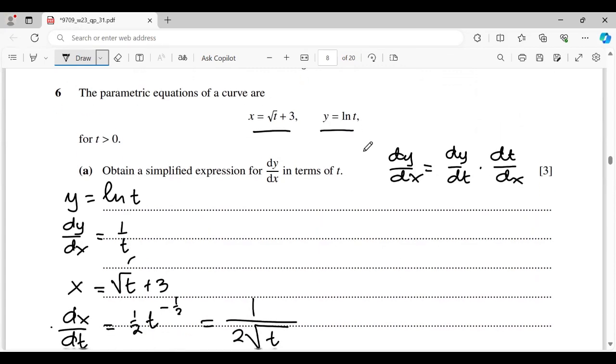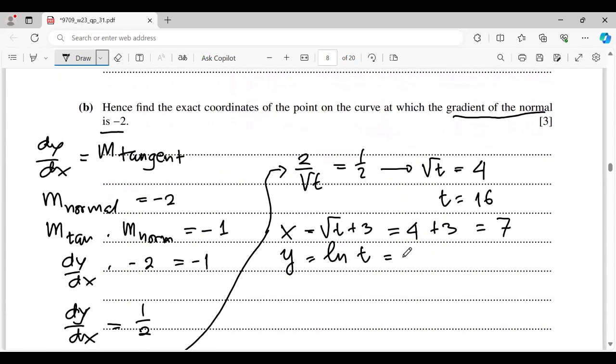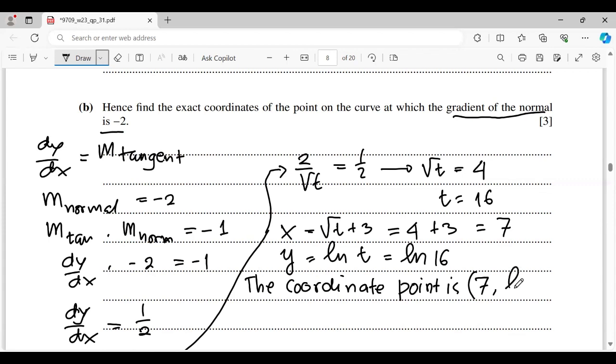And y equals ln t, so y equals ln 16. So the coordinate point is 7, ln 16.